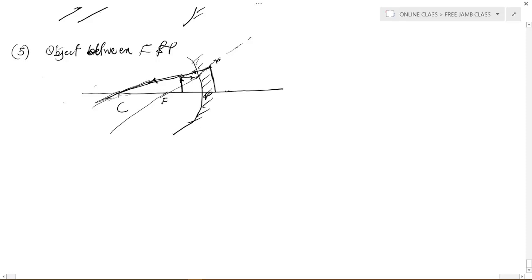So the image is virtual, V, direct, D. So we always say this one is big and magnified, M. So that is all I can give you now.